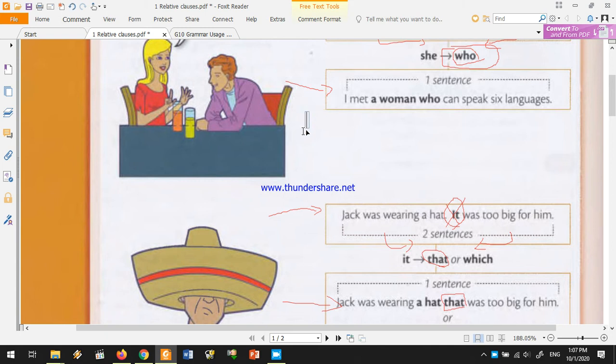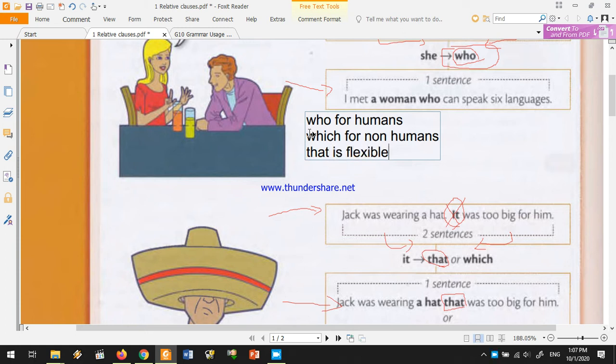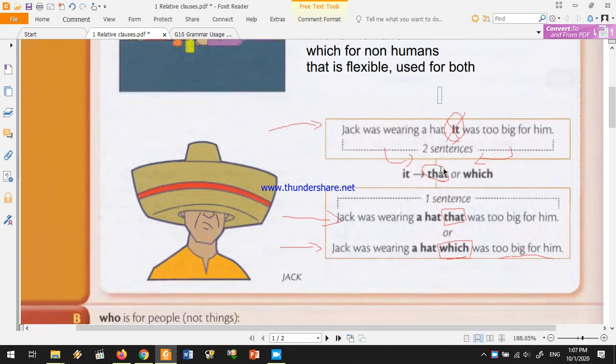Who for humans, which for non-humans. That is flexible, used for both. Alright, this is very good.